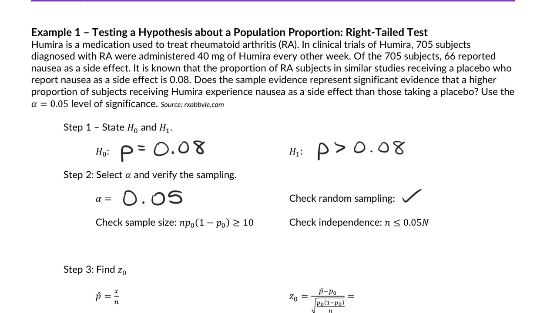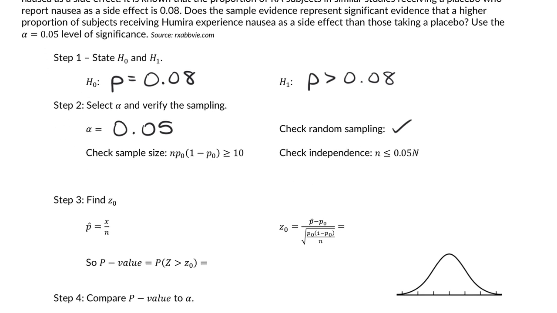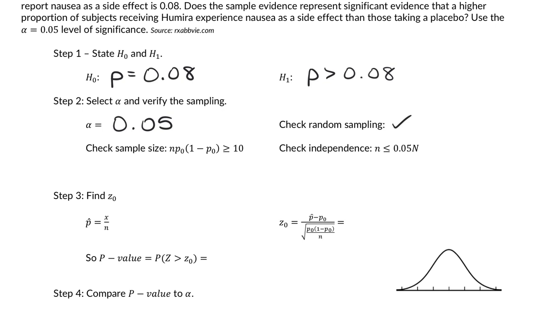Then we need to check the sample size to make sure it's large enough compared to the population. So we look at n times p naught times 1 minus p naught, which would be 705 times the 0.08 from the population from the null hypothesis times 1 minus 0.08. In your calculators real quick, I took the population size n, multiplied it by the p from my H naught, and 1 minus p from my H naught.